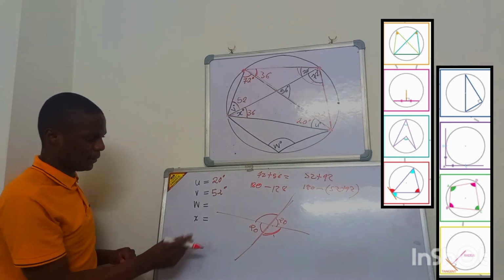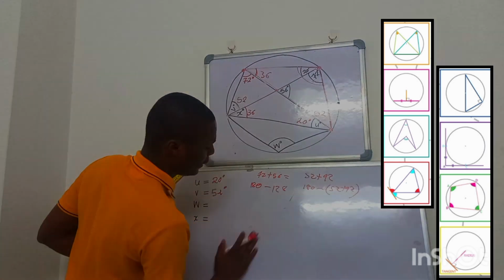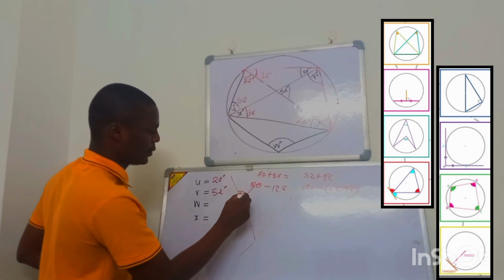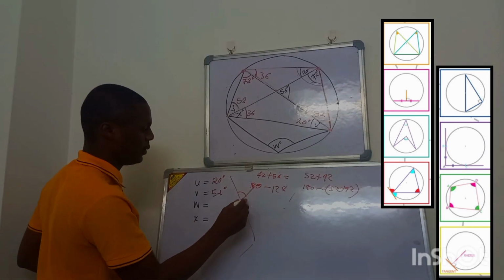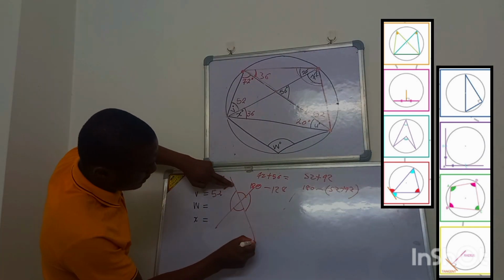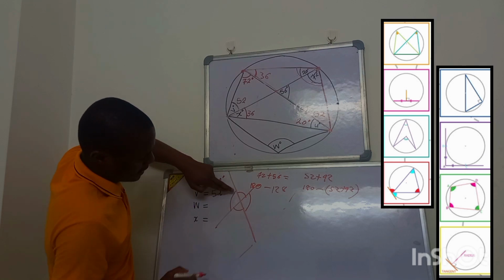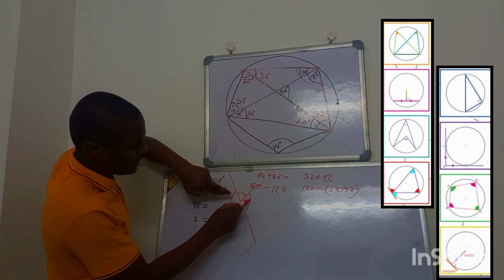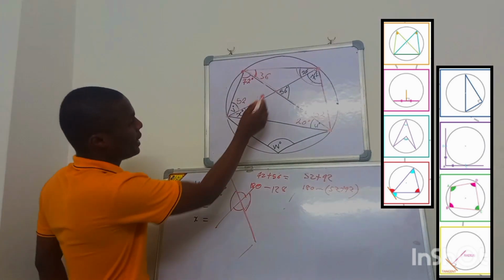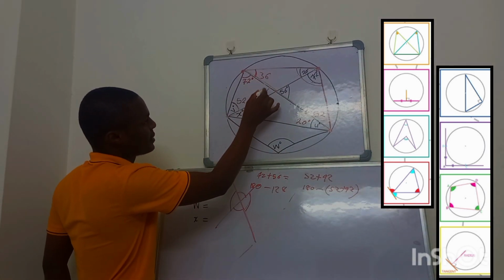Then this angle is equal to this one. Wherever I have that x or these crossing lines, these two angles are equal, these ones are equal, these two ones are equal. But this line is a straight line. So this angle and this angle add up to 180 degrees. So here I can say that this one is 56.